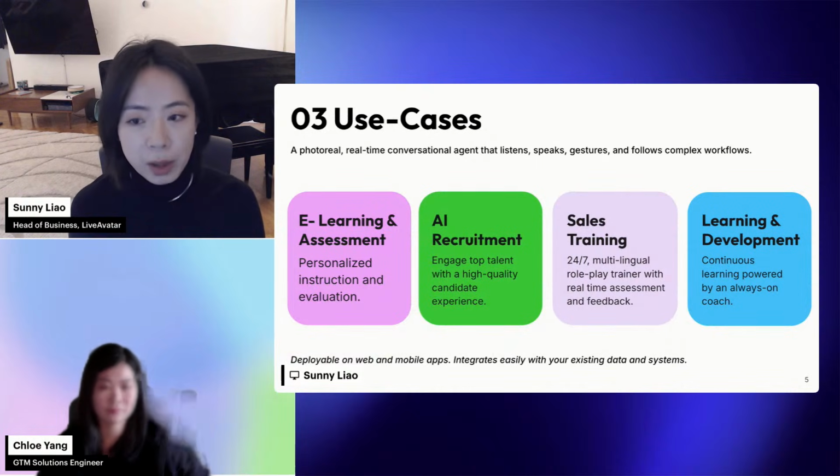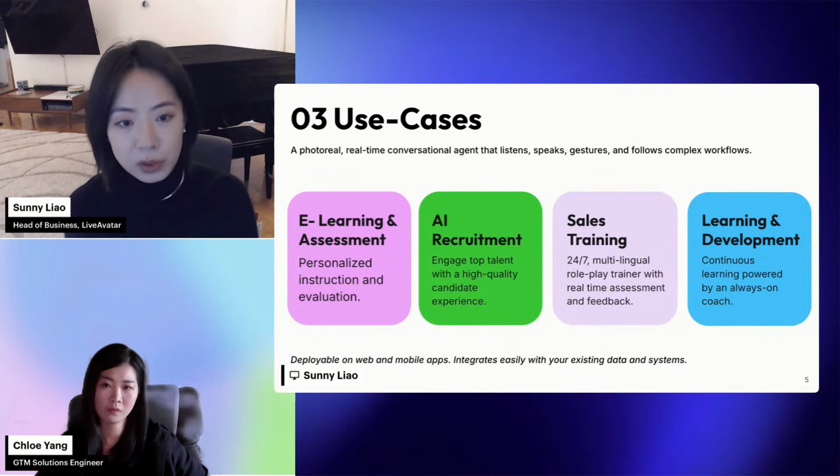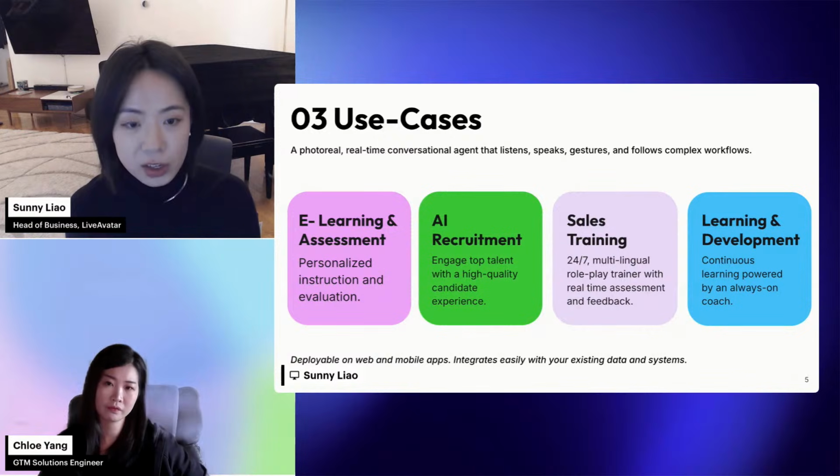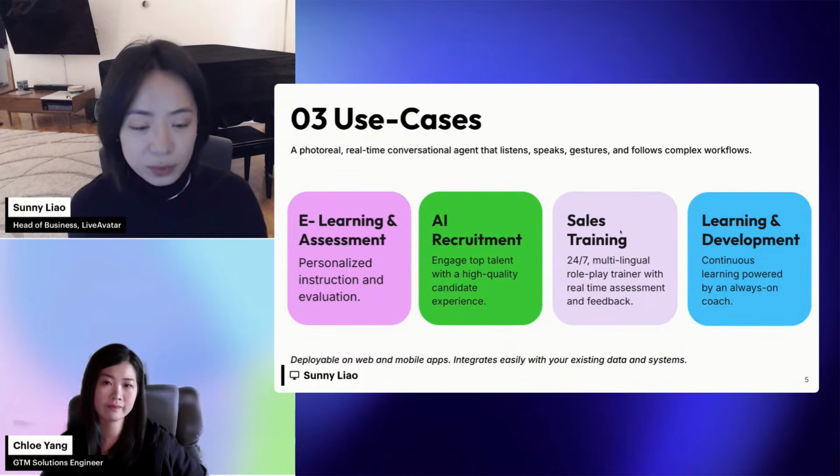You can just update the knowledge base for the live avatar, and then it can do real-time Q&A with your internal employees with the newest knowledge. That really fits industries that evolve fast. So those are some of the use cases.